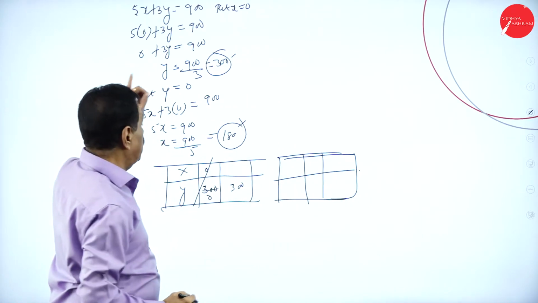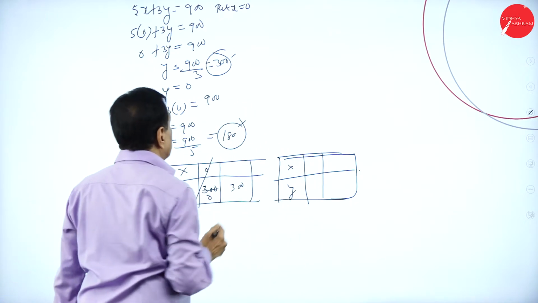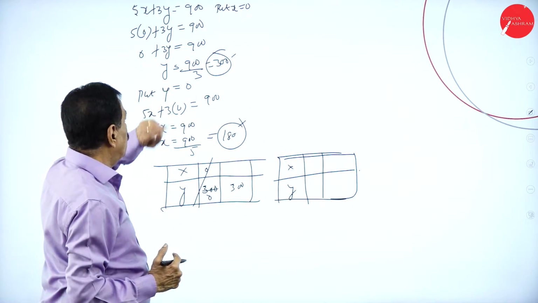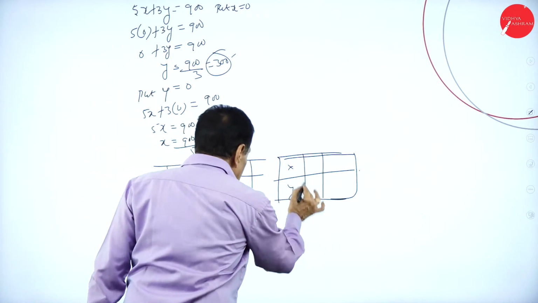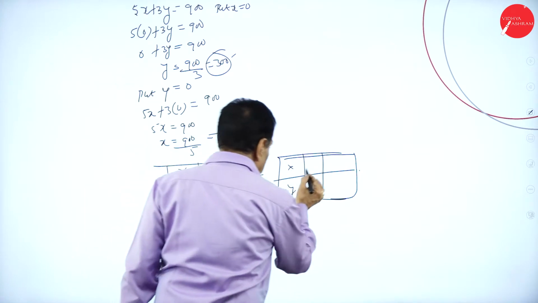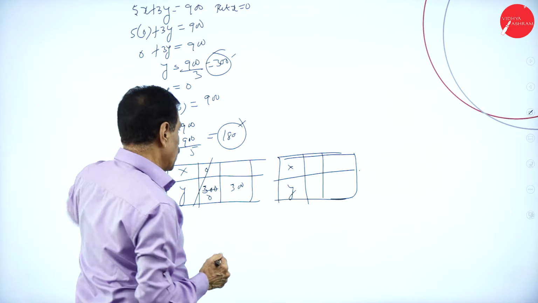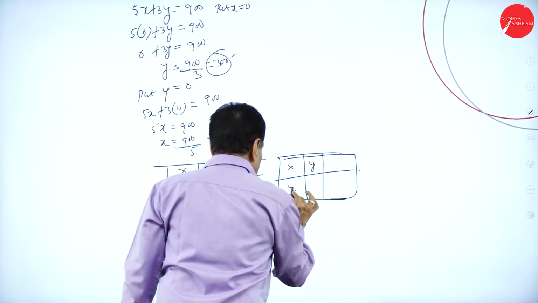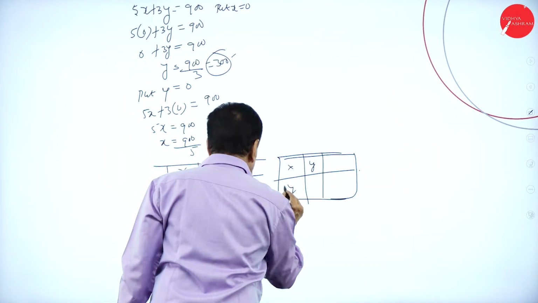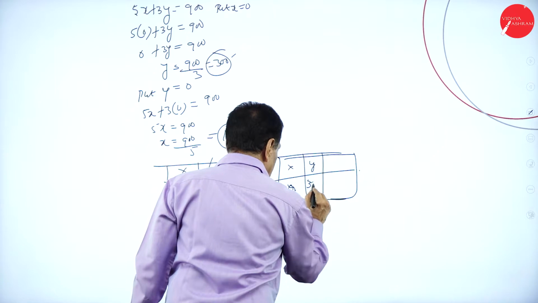So the first equation: x is 0, y is 300.